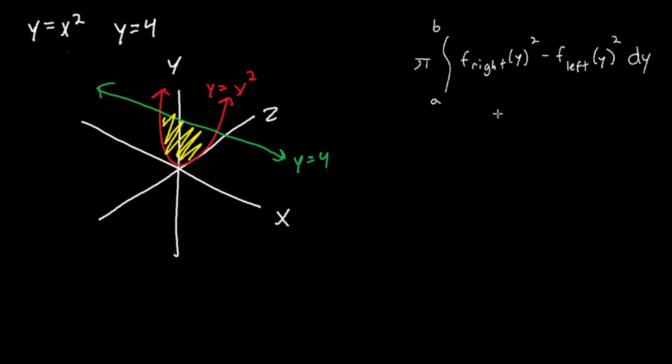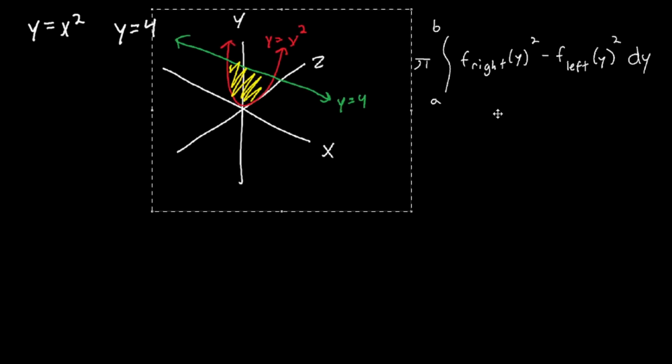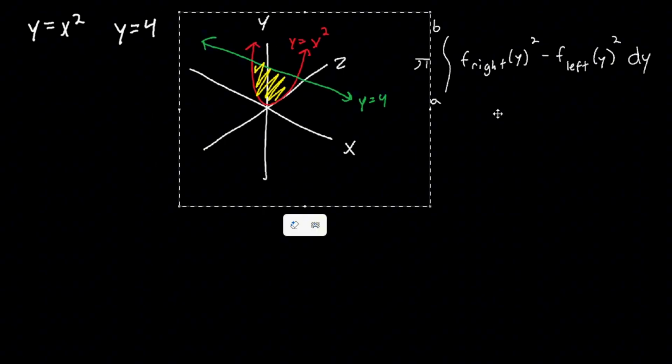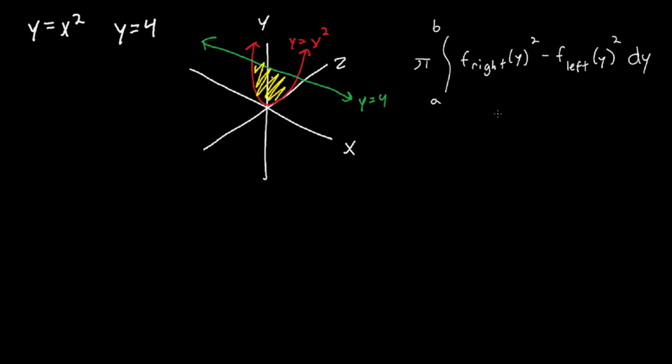In order to do this, we need to realize an important fact. Spinning this entire region about the y-axis is the same as spinning half the region about the y-axis. So if I draw the new function, we can just ignore this half here.